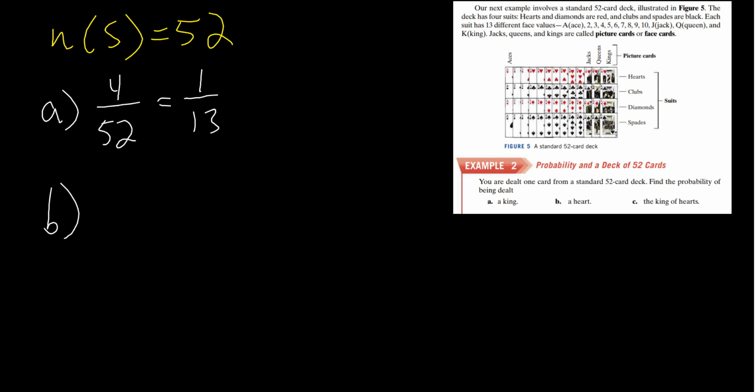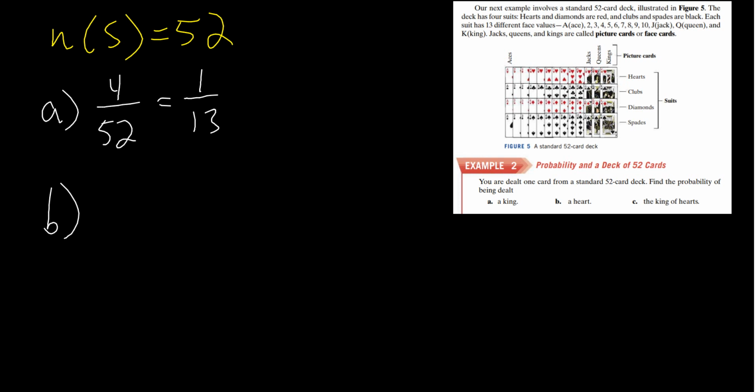B, a heart. Now let's think about this. I said a moment ago that a deck of cards is split equally among 4 different suits, right? Since there are 52 total cards, if I split that into 4 even suits, then I would have 13 hearts.